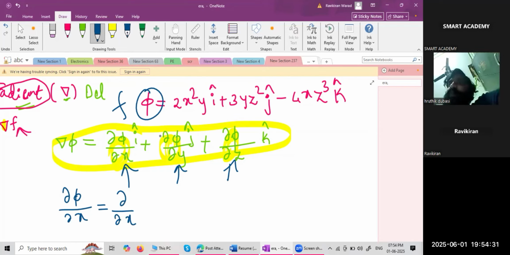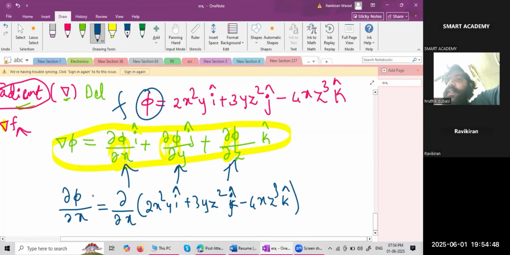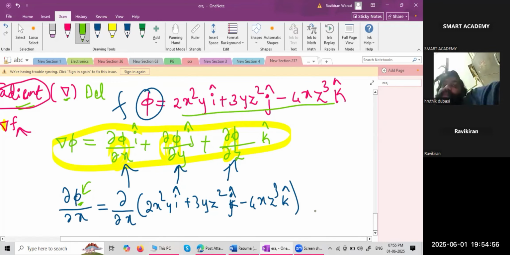It is the differentiation of the given phi, 2x square y i cap plus 3yz square j cap minus 4xz cube k cap. I just substituted the given phi value here.